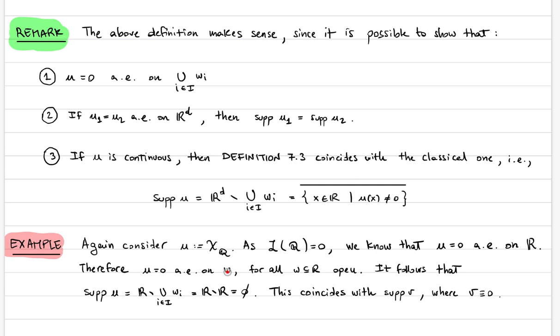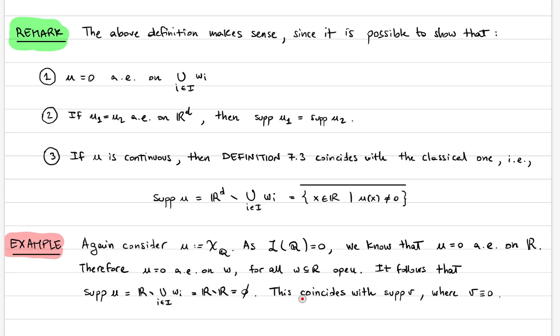So basically, we can take just the largest open set, which is R itself, and we have that the support of U, according to the new definition, is R minus the union of these Omega i's where U is 0, but this union is none other than the whole real line. So in the end, the support is R minus R, which is the empty set.